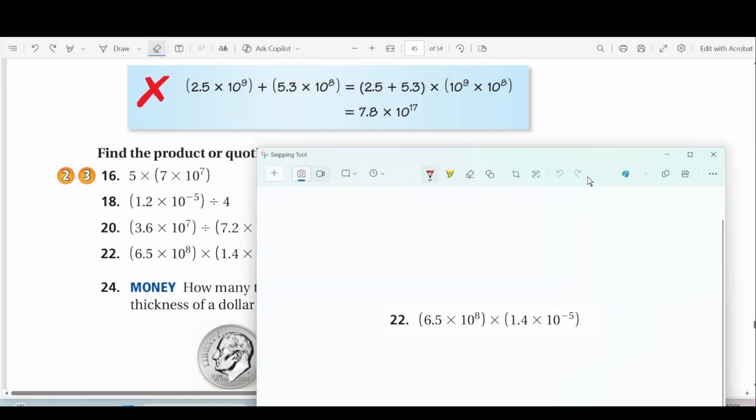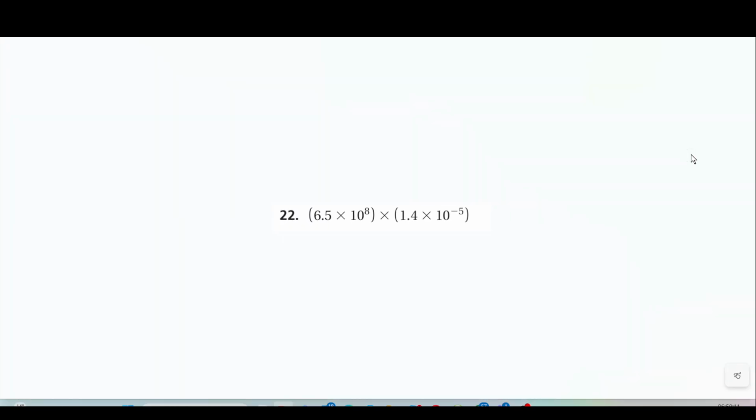Try this. Multiplication. 9.1 times 10 to the power of negative 40.